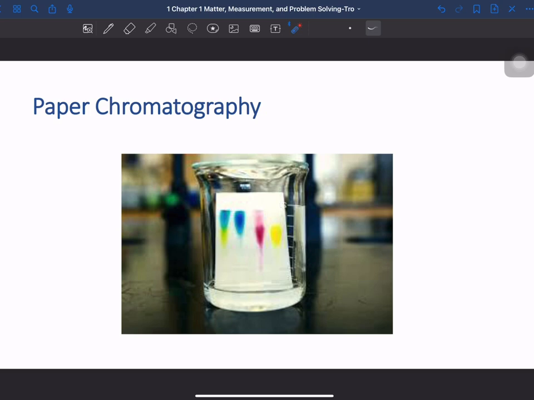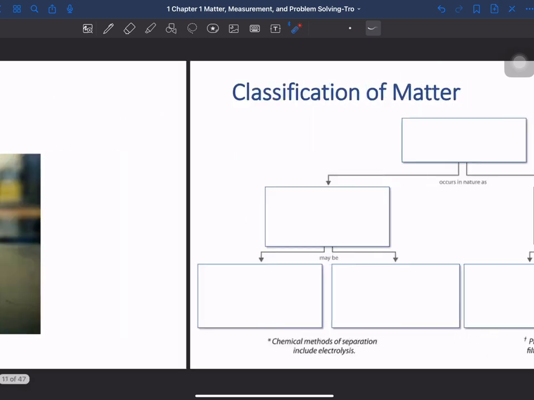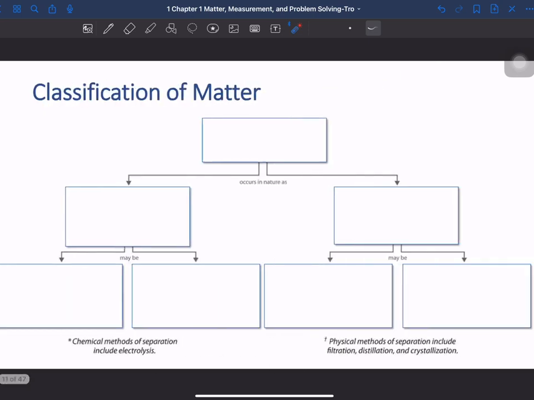So when we look at the classification of matter, at the very top up here, we have matter. This is anything that occupies space and has mass, and it can exist as a solid, liquid, or gas. We have two types of matter that occur in nature.